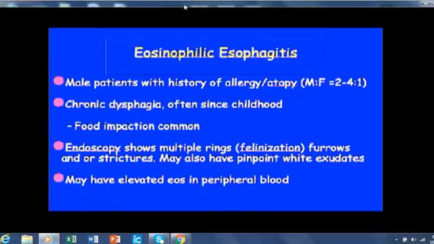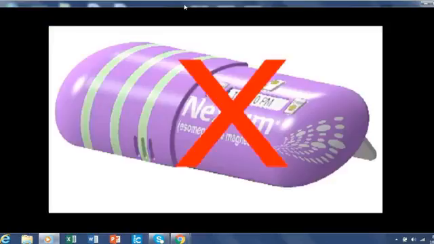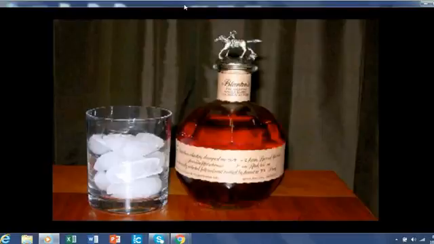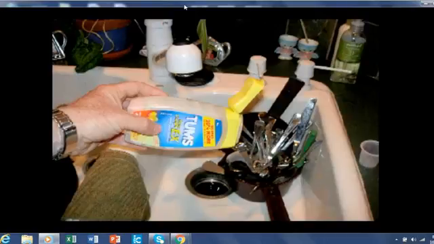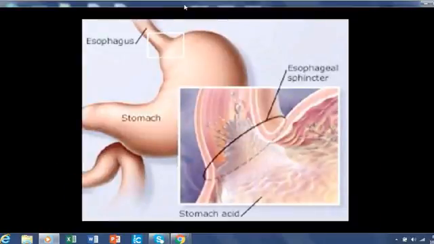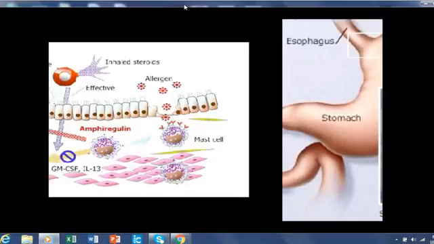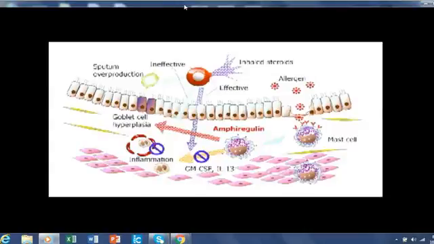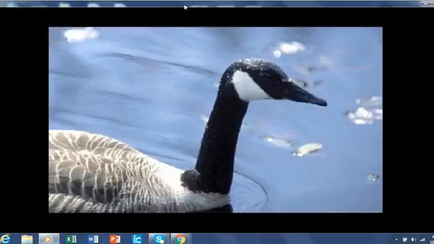Forget the PPIs, I need topical steroids. Eosinophils running around my brain. I don't have a reflux problem, it's just a complication of my anatomy. I still got the blues.